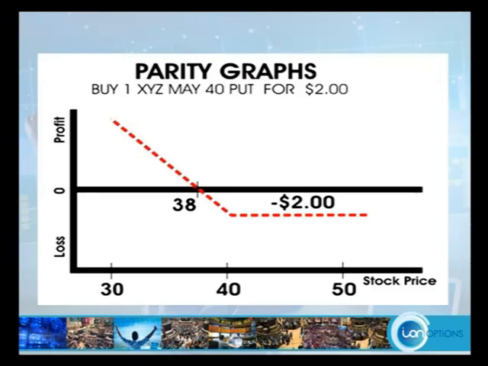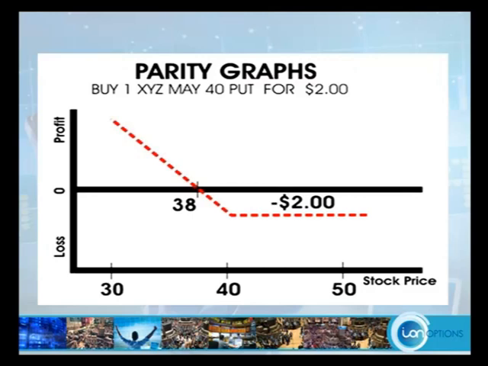If we own this put into expiration, May expiration, and the stock closed on Friday of expiration at 38, that put would have $2 of what? Intrinsic value. That put will be worth $2. Why? Because I have the right to sell the stock at 40. That's what my long put's allowing me to do.